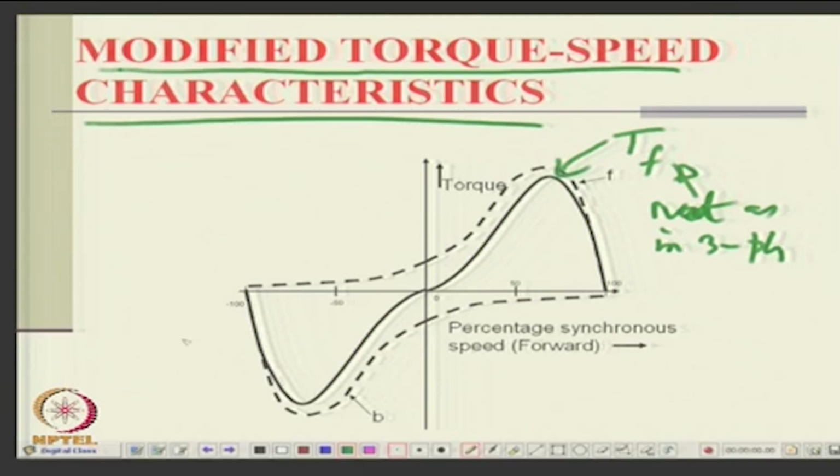So, you have a much better characteristic that way, and this is TF and this is TB. This is a modified torque speed characteristic which will have a better net torque. Starting is no problem, starting will be the same, but the net backward torque is reduced.